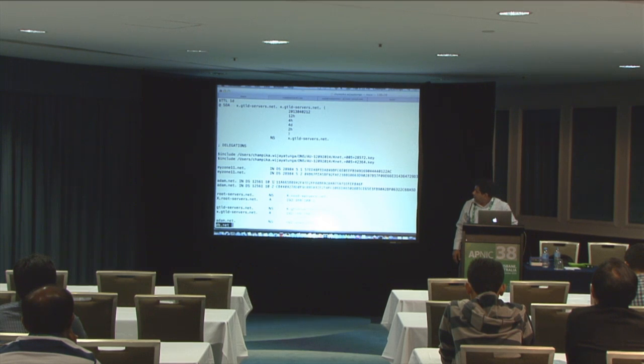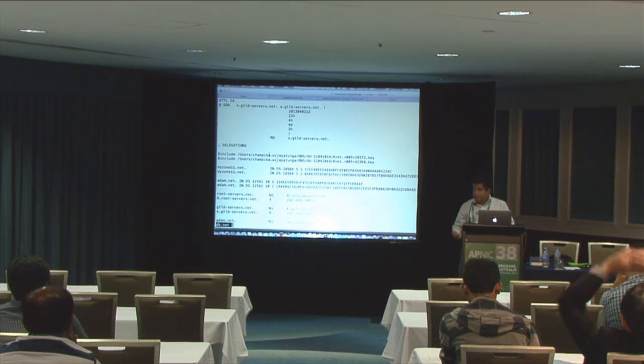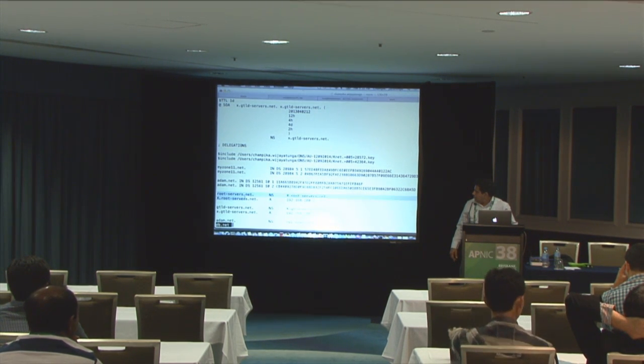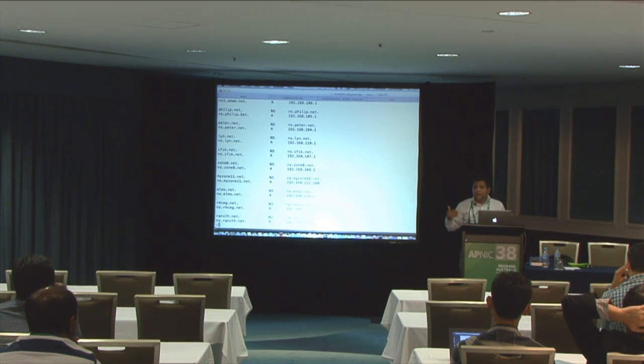So here you can see, remember earlier in the root zone, root has a delegation to .NET. Root has a delegation to .NET. Now in the .NET zone, obviously, this is the root server, 100.1, and then I can have so many other delegations, because below my level I can have whatever .NET.